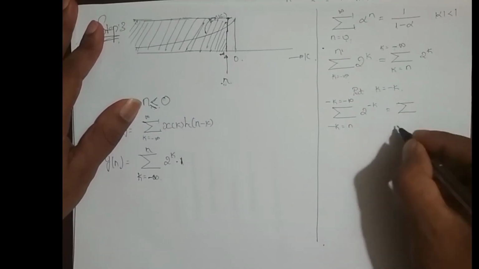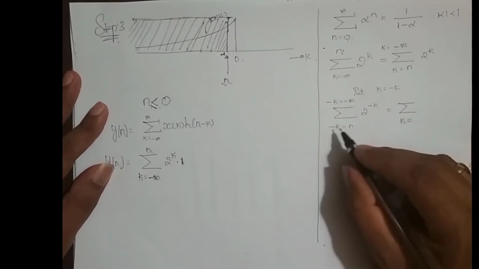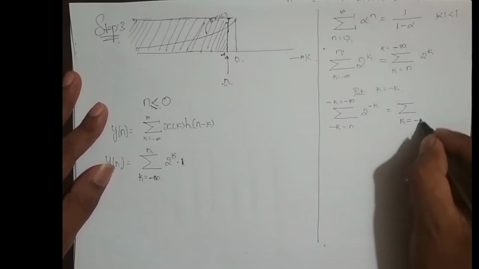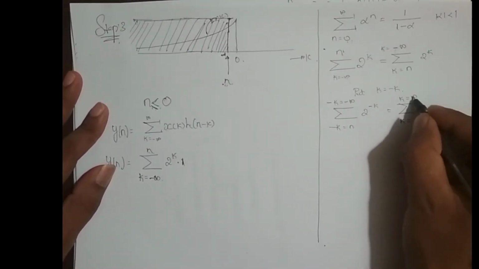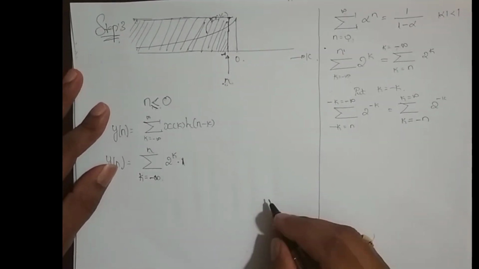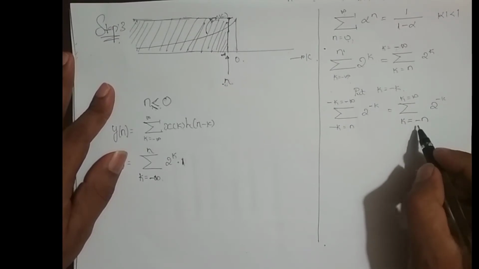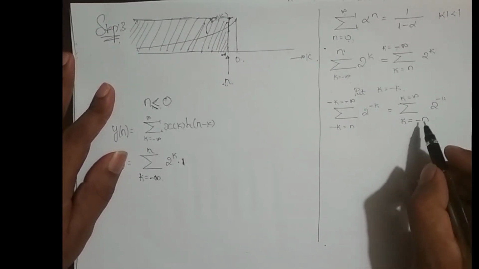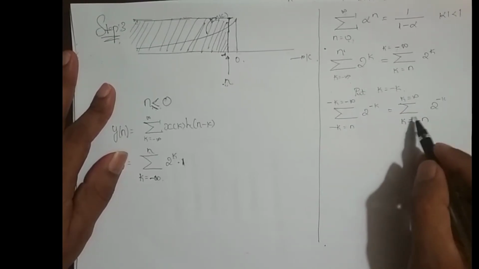Summation k is equal to, this minus goes to the other side, minus n, and minus minus cancels out, k is equal to infinity. Okay, so 2 power minus k. Fine. Now, as I told you in problem 3, we simplified the equation in problem 3, and the same way we are going to simplify here.